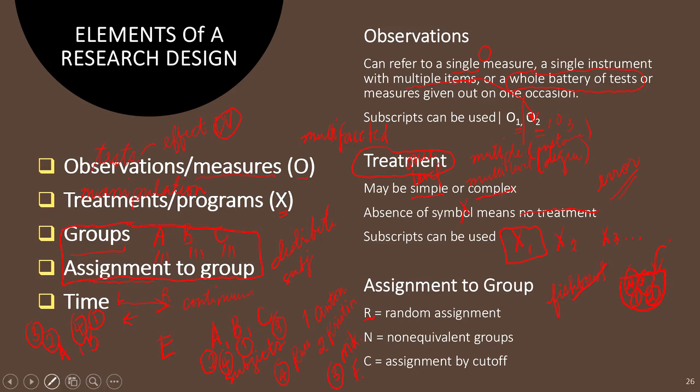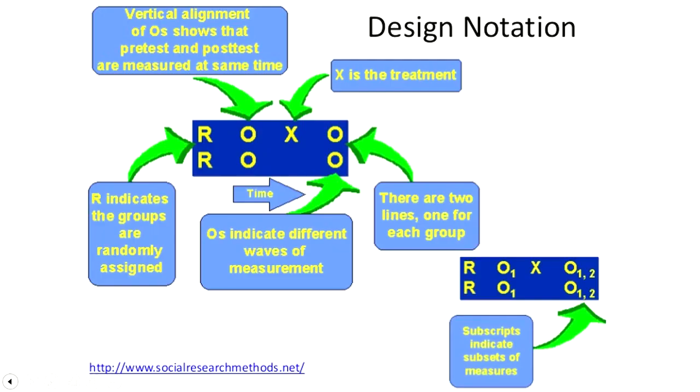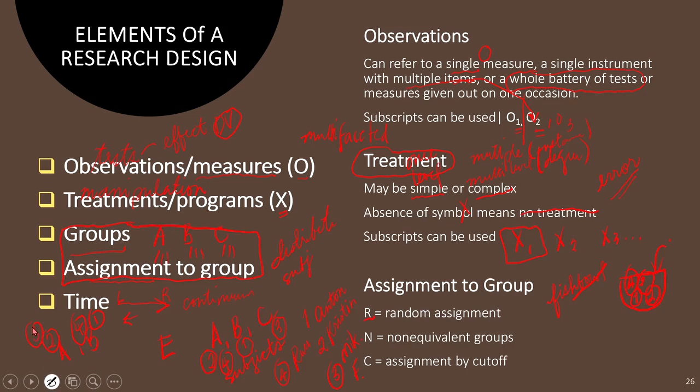Another way to randomly assign, okay, another way to randomly assign is by means of random numbers. Okay.